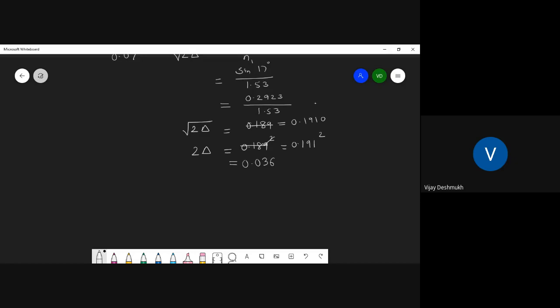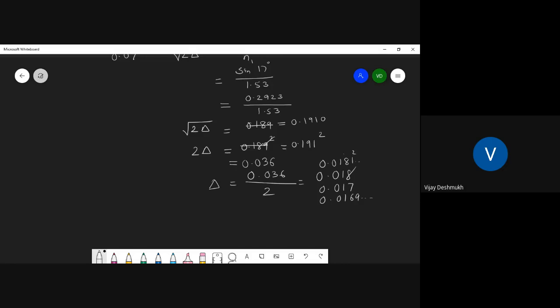The square of 19, I think it is 361. Okay, so it will come in that range. Now delta will be equal to, taking 2 to the right-hand side, 0.036 divided by 2. 18 twos are 36. So 0.018. It is quite okay if you get 0.018, 0.017, 0.0169 or 0.01812, whatever.